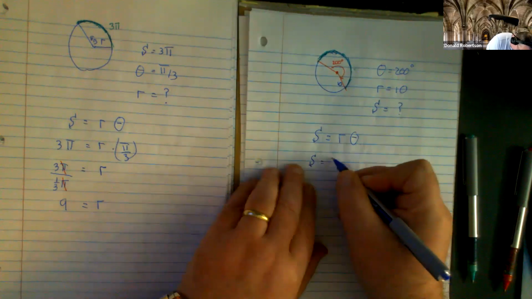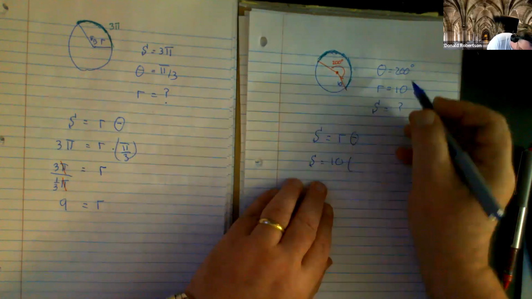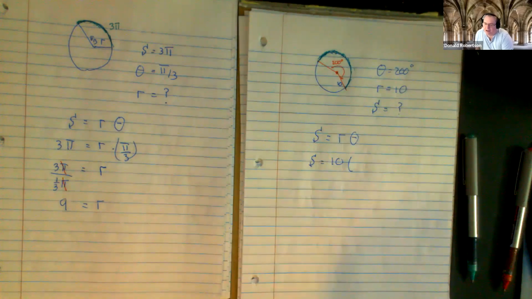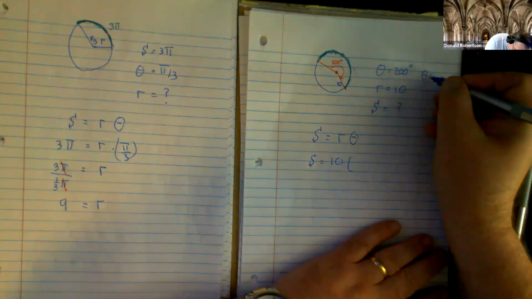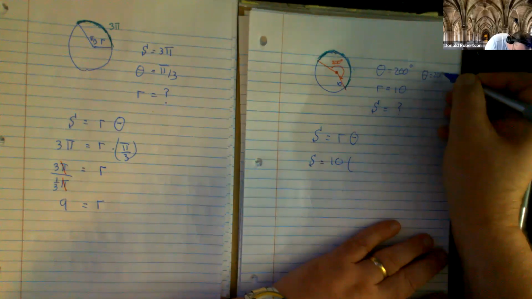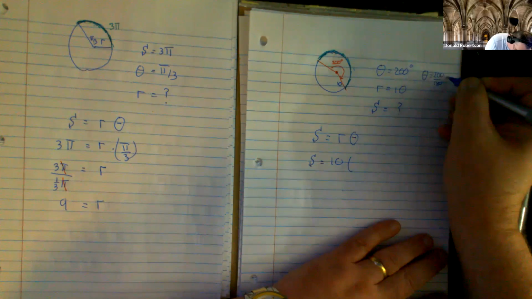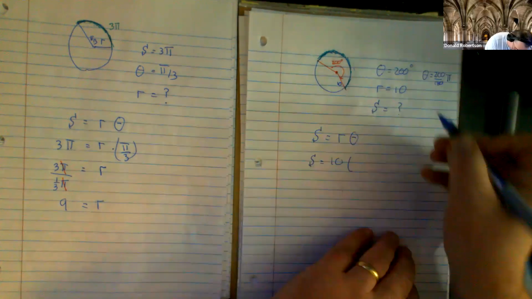S is definitely 10, but isn't that not the angle that we need? That's the angle in degrees, not radians. So if I convert that guy into radians, won't it be 200 over 180 pi?